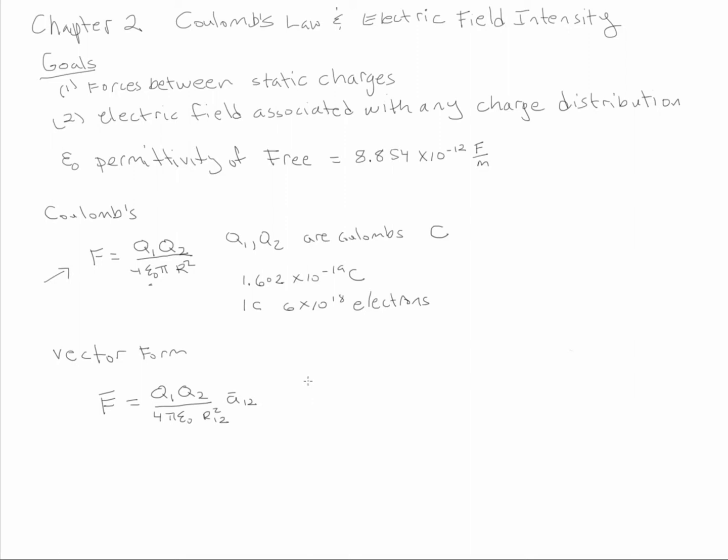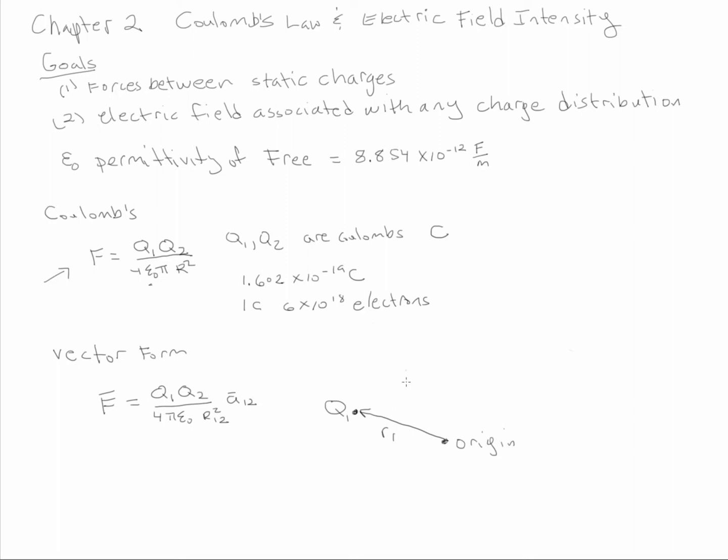So if we had a charge Q1, say here, and let's say our origin was here, then we would have a vector going from the origin to Q1, and that's going to be R1.